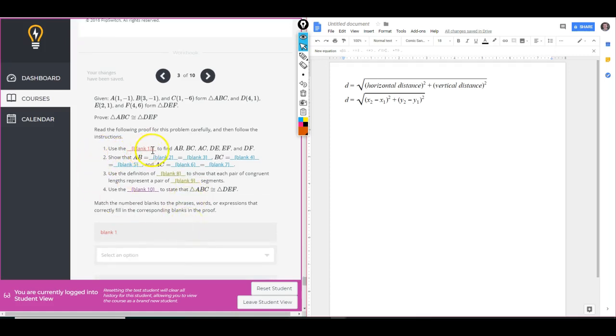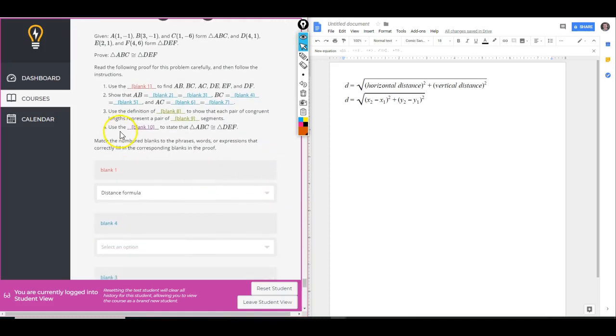So use the blank to find the distance of AB, the distance of BC, the distance of AC, the distance of DE, the distance of EF, and the distance of DF. I'm looking at this and seeing how it's read. This is read as the distance from A to B, so we're going to be using a distance formula to find those distances since it is not given.